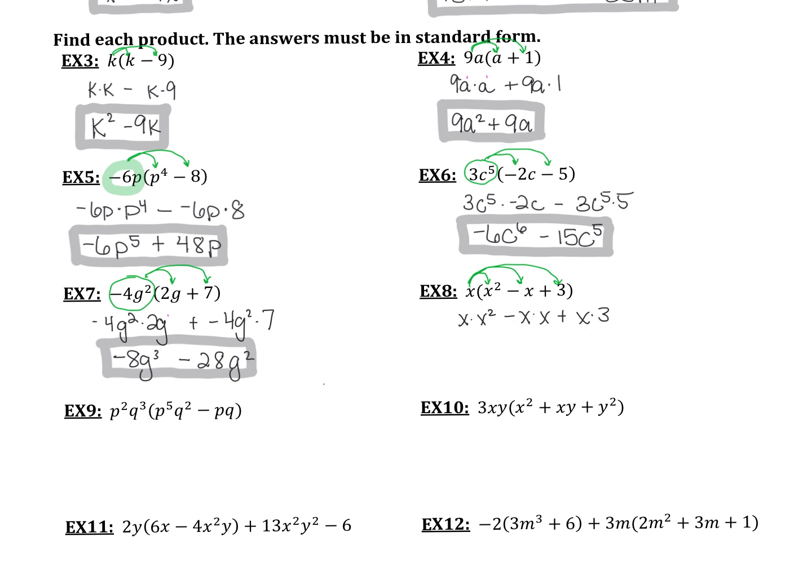And multiplying all of these, not forgetting my little imaginary 1 exponents, I would get x cubed minus x squared plus 3x. And you'll notice oftentimes my polynomials are in standard form to begin with, just based on how I distributed.